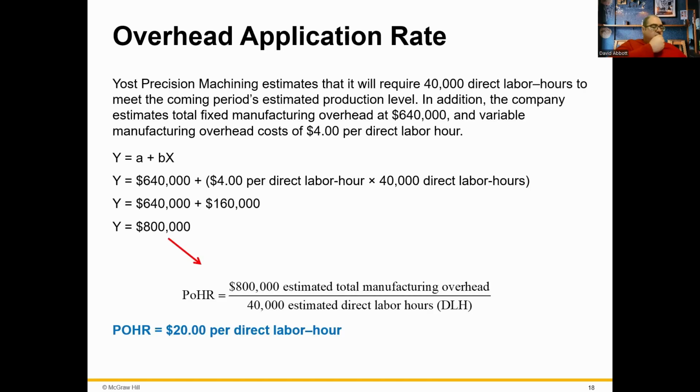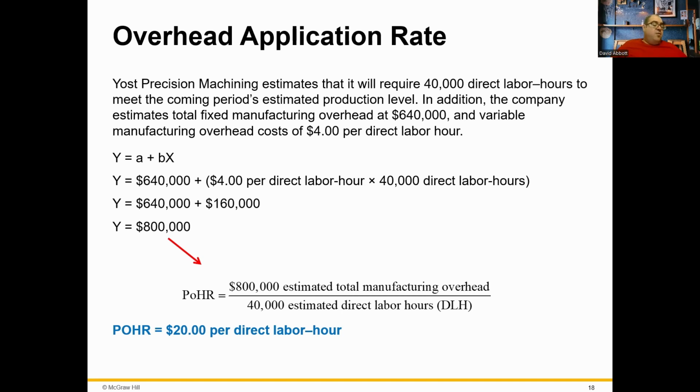Manufacturing overhead is applied to jobs using the predetermined overhead rate multiplied by the actual amount of allocation base used in completing the job. This is called a normal costing system. For example, in this example, Yoast Precision Machining would apply the overhead to jobs using direct labor hours.